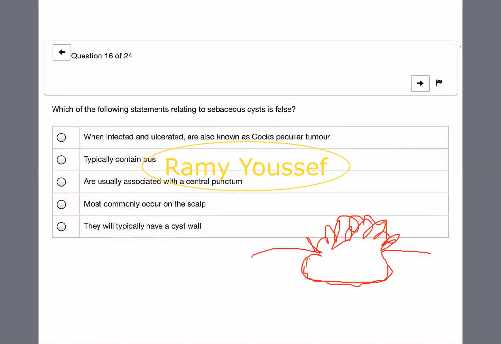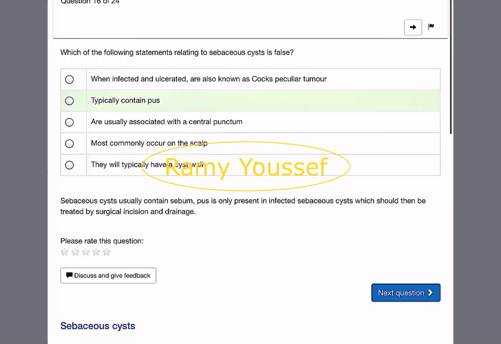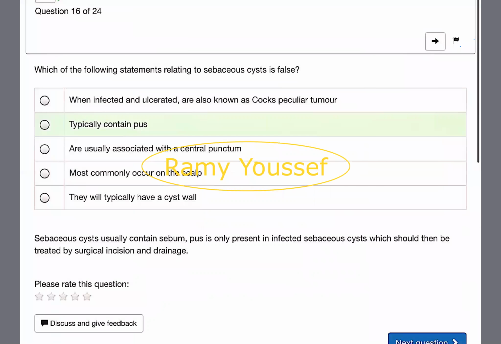The patient is afraid of this, and you just squeeze the skin, and all this will be empty. This is Cock's peculiar tumor. So this typically contains pus. This is the false answer.